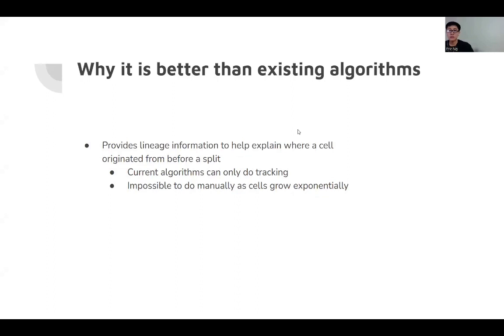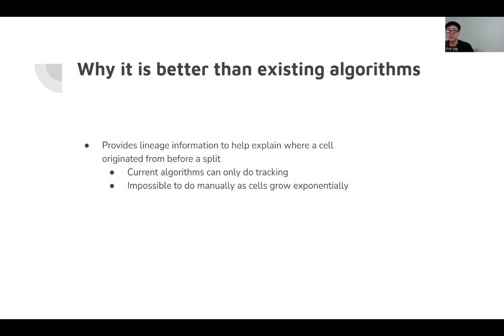Another thing that Cell Universe does is provide a lineage, and this lineage information can help explain where a cell originated from before a split. This means that while looking at different cell information, you could figure out where the cell came from, which cell it split from, and even the grandparents or further beyond, the different ancestors that the cell came from.